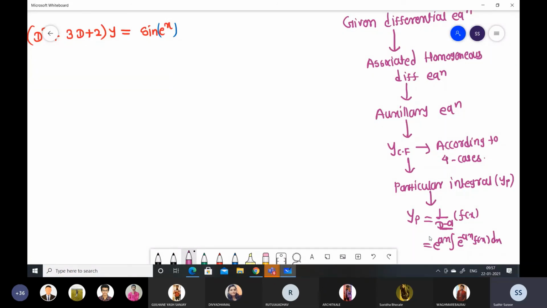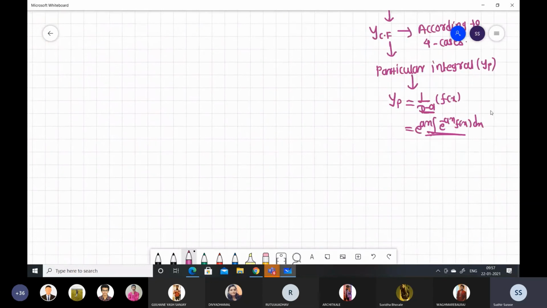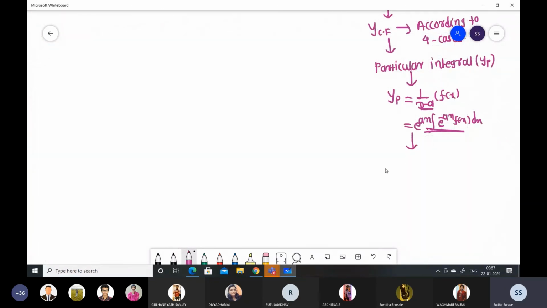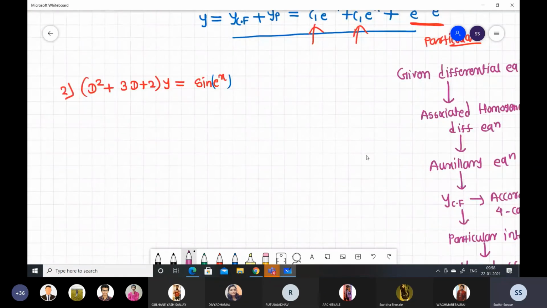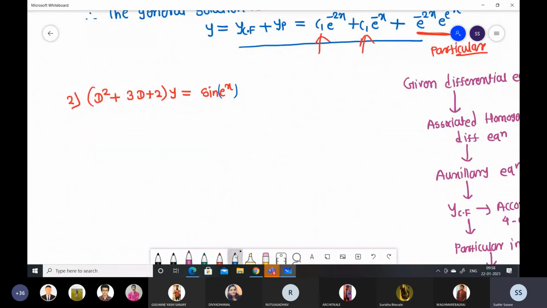So this is the way of finding the general solution. At last you have to write the complete solution. After getting YP, write down y as YCF plus YP. This is a very simple algorithm, but you should be strong in finding integral values, otherwise you will get stuck somewhere. So you must know the formulas.